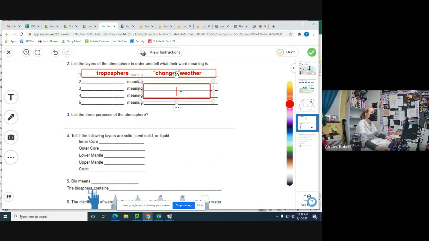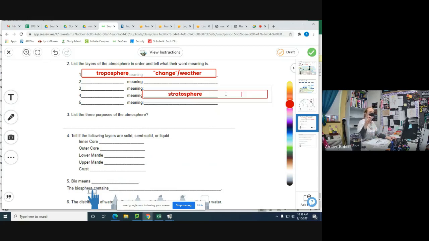All right. The next layer is the stratosphere. Why do we call this layer that? What does stratos mean? Kendall, what does stratos mean? It means to protect us from the UV rays. Nope. That's the ozone.